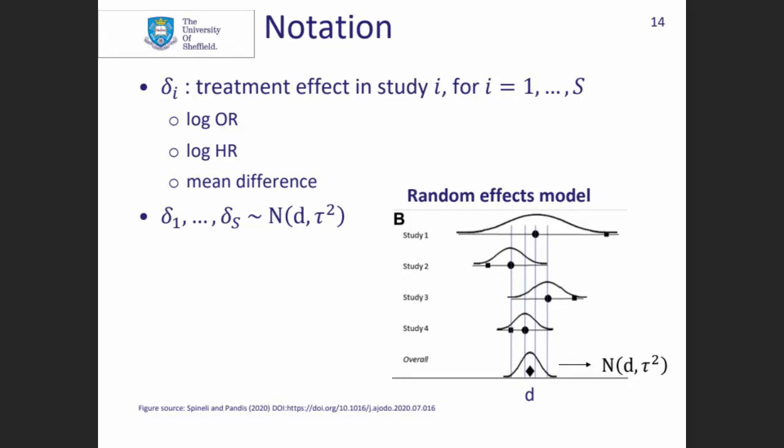And in a random effects model, this study-specific treatment effect is assumed to follow a normal distribution with a mean d, which represents the overall population treatment effect, and a variance tau squared, which represents the variation among the studies. So tau here is our heterogeneity parameter.